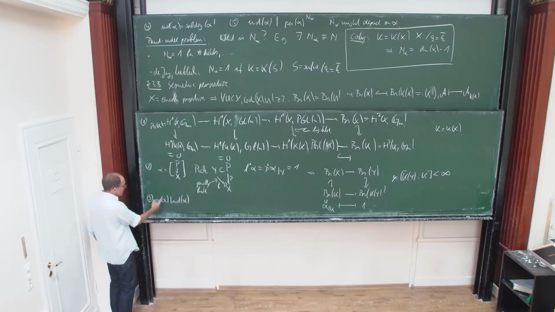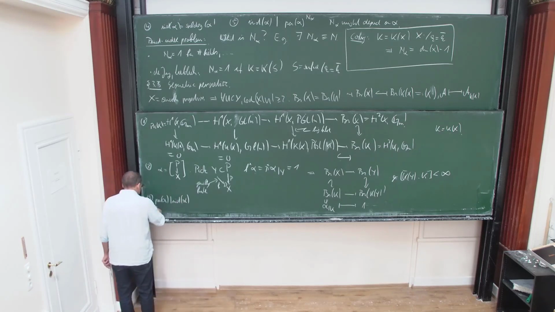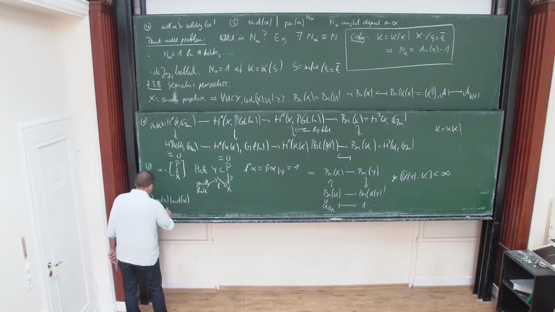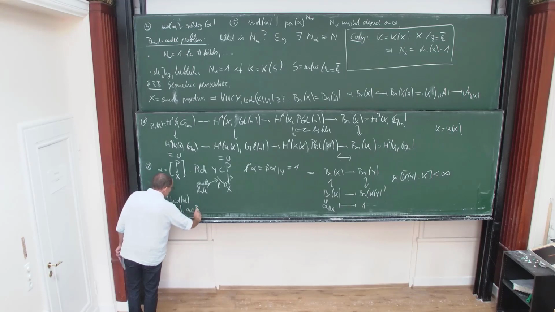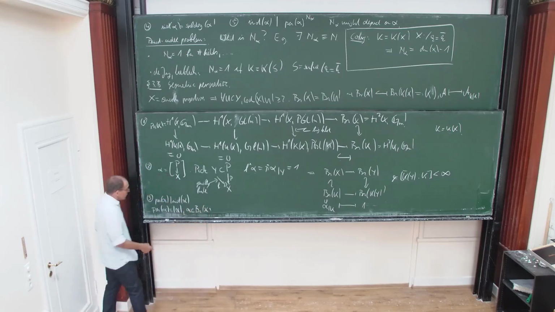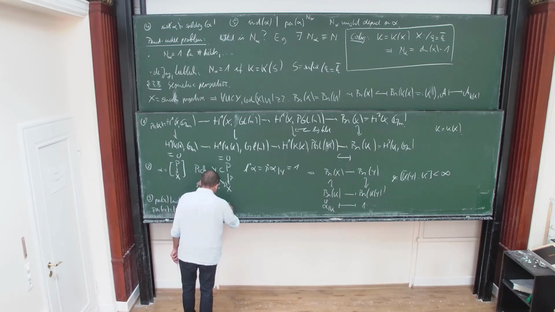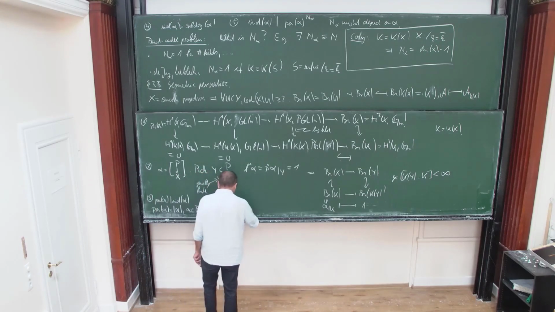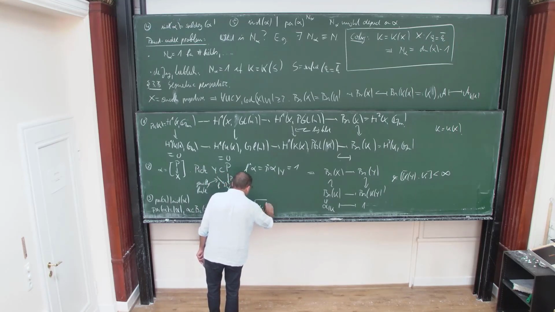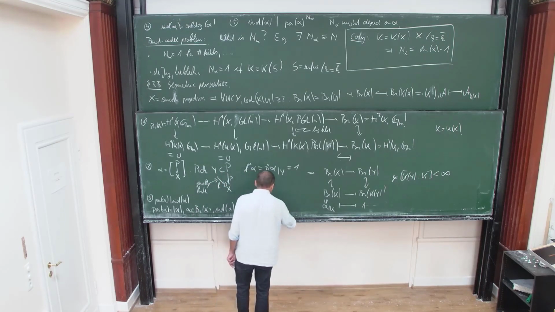Here, of course, I first have to tell you what it means, the period and the index for alpha. So the period, of course, is again the order of the class in the Brauer group of X. The index now is the minimal rank, and then the square root, of any Azumaya algebra realizing the class alpha.